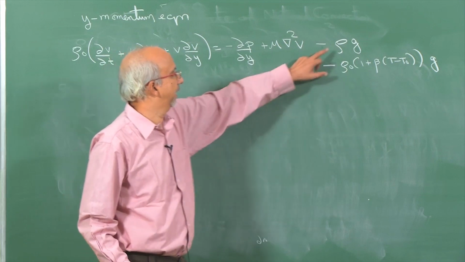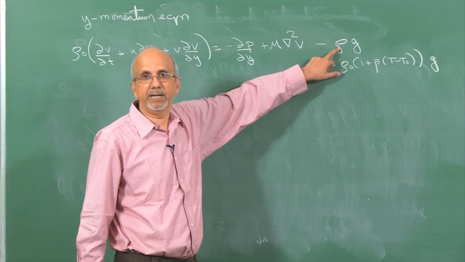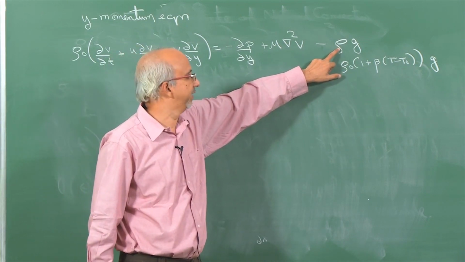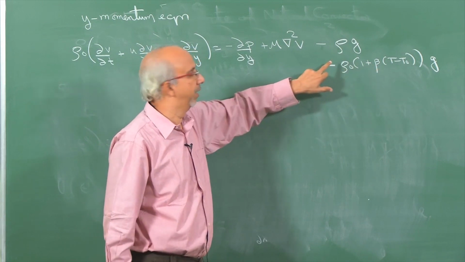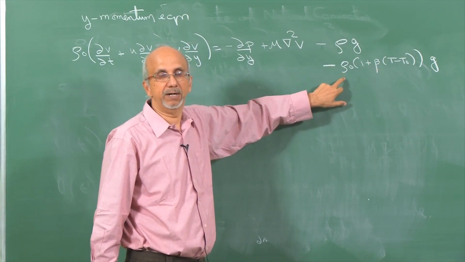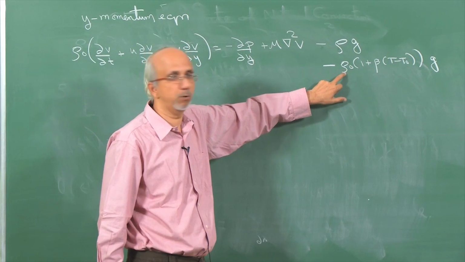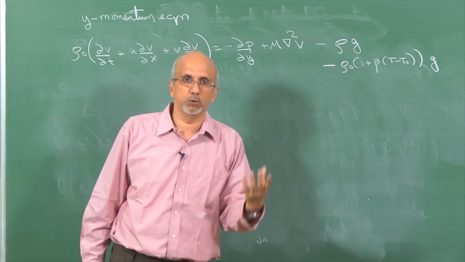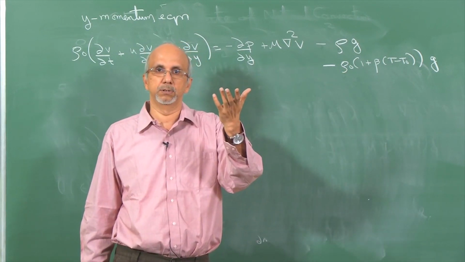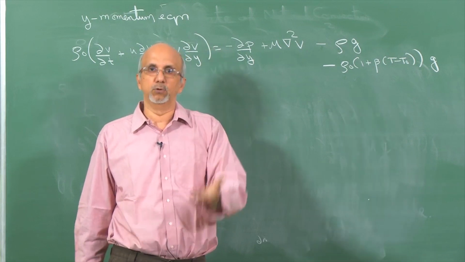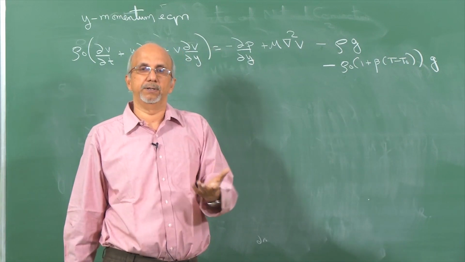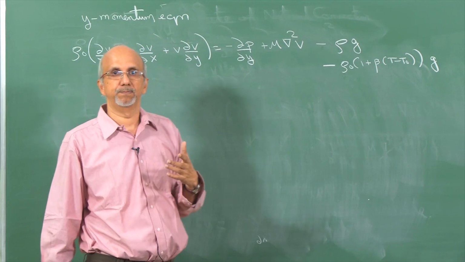So, that is basically incorporating the density dependency on temperature in the gravitational term, and like I mentioned, this is important because this is the one which is going to give me my buoyancy force, which is going to drive the fluid motion.